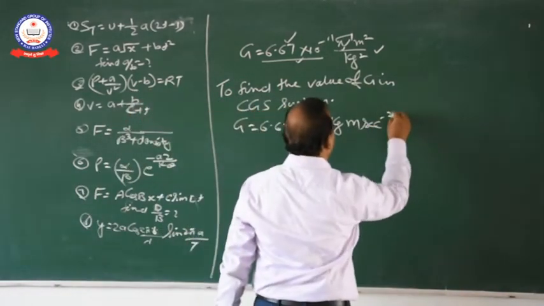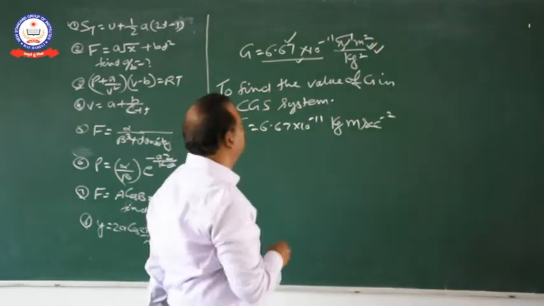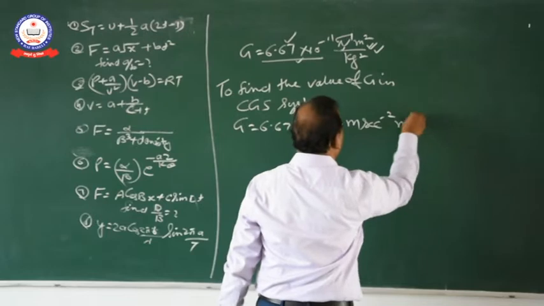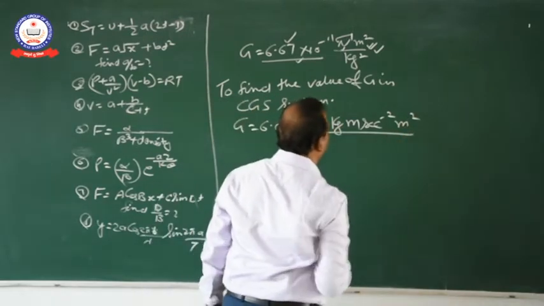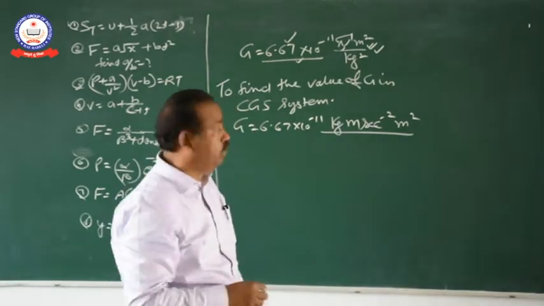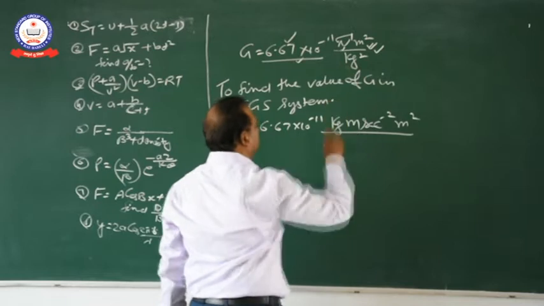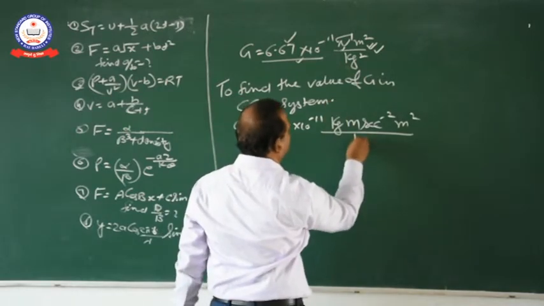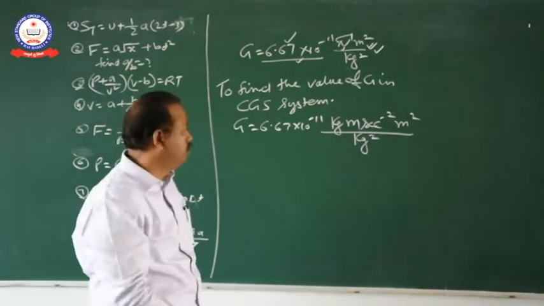Here M means meter, not mass, and kg is square.